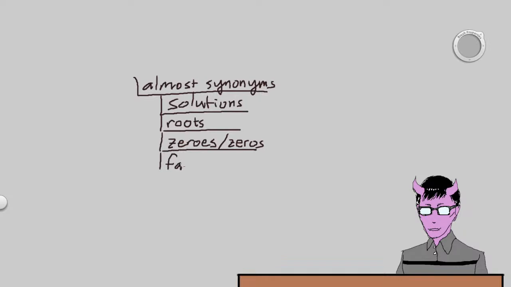Again, these aren't equivalent, but they all share very similar ideas. Then there's a few other ones as well. Oh, x-intercepts, you will see. What else is there? Well, for the most part, that's the vast majority of the almost synonyms you will get.